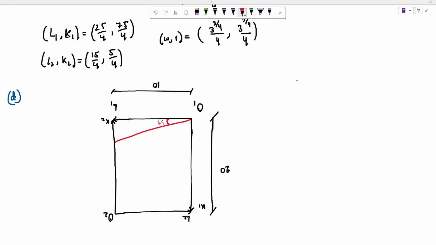Something steeper than the 45-degree line. Let's draw it like this. Can I do this? No, turns out I can't.